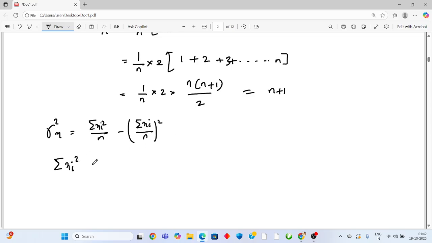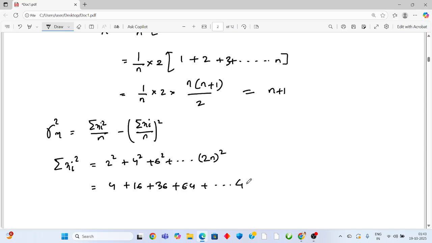So summation xi square is 2 square plus 4 square plus 6 square up to 2n whole square. Now 2 square is 4, 4 square is 16, 6 square is 36, 8 square is 64, and similarly the last term will be 4n square.